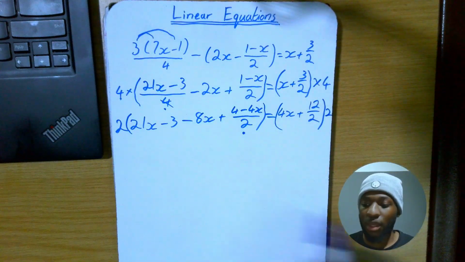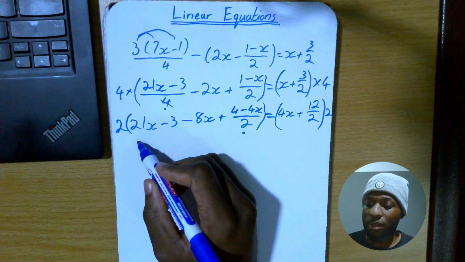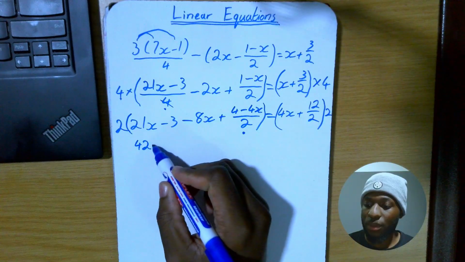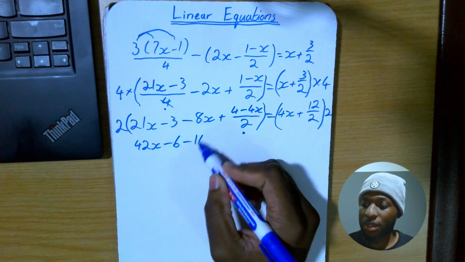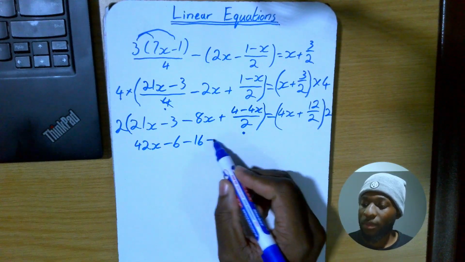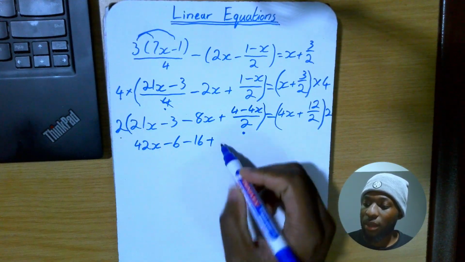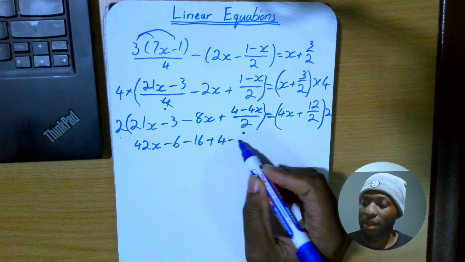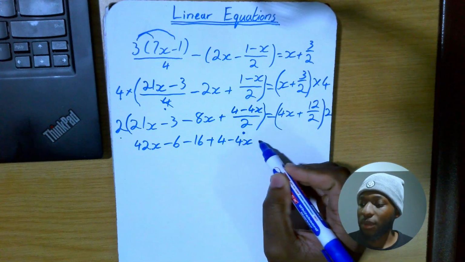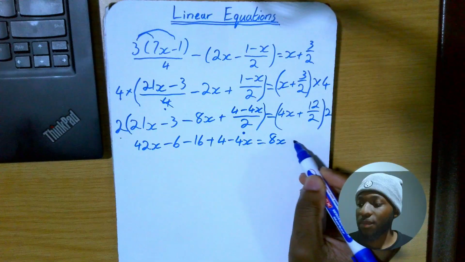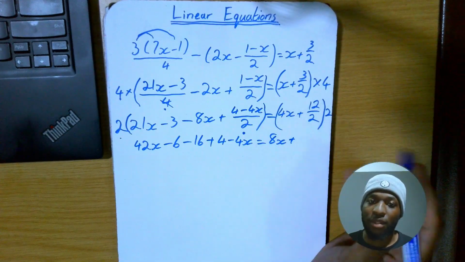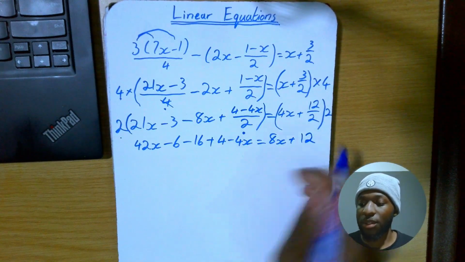So 2 times 21 gives us 42x minus 6 minus 16, plus that 2 will cancel that 2 out, so we'll be remaining with 4 minus 4x. All this is equal to 2 times 4 is 8x, plus that 2 cancels that 2 out, so we'll have 12. So this is what we have now.